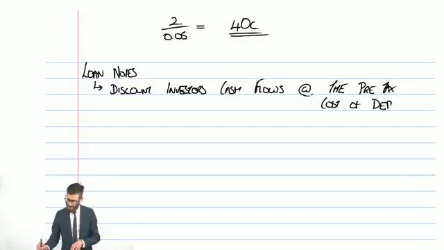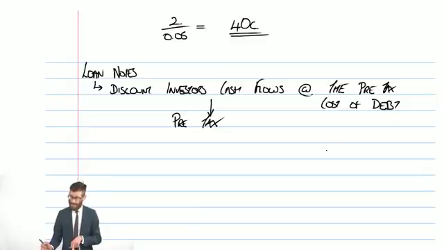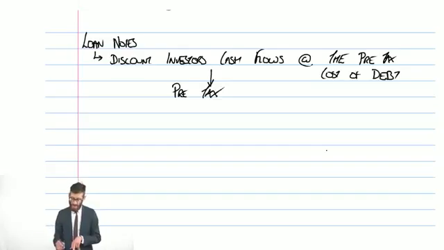The investor's cash flows are pre-tax, we discount them at the pre-tax cost of debt. Now, as I stress, irredeemables are hard to find.